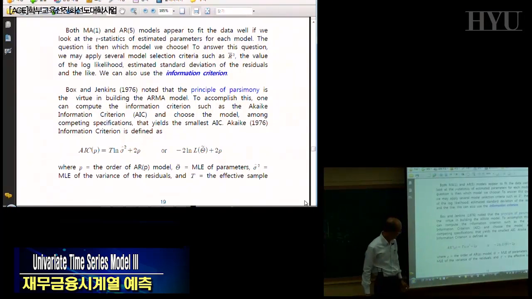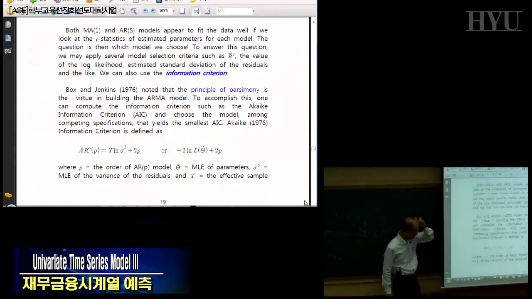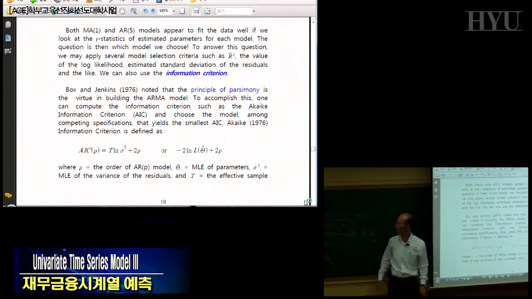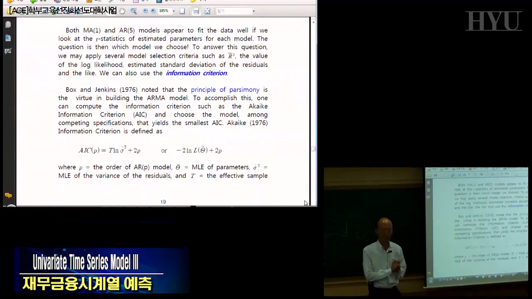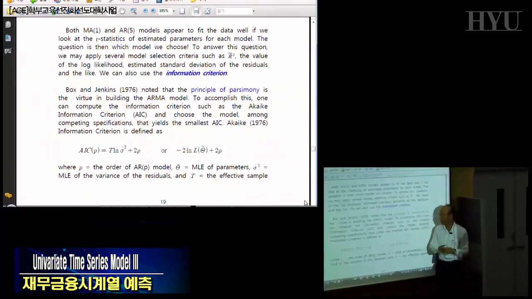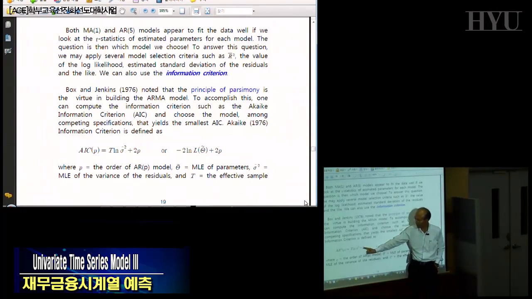So let me explain what the notations are. P is the order of the AR(P) process. So if you first estimated an AR(1) model to see if it is the best fitting model, P is set to 1. Okay? And then you run a regression and you get the residual, and you can calculate the residual variance.